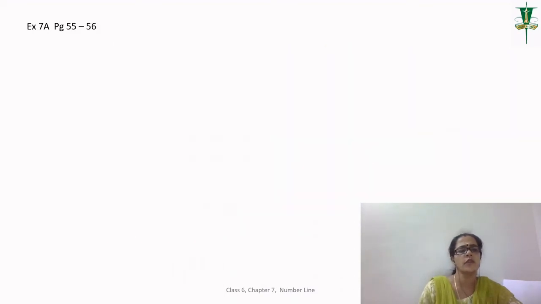Now let's start off with exercise 7a, where we will be using the number line to compare the integers. Let's take question 2 first. Question 1 is all fill in the blanks, which you will attempt yourself. Question 2 says state which integer is greater. The first sub question is -15 and -23.